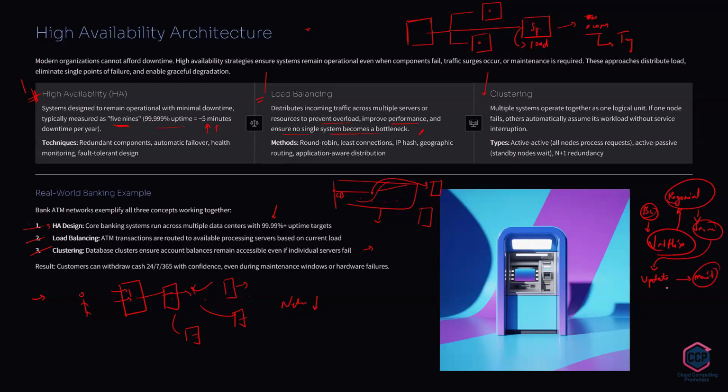In order to push the update, even though they have resilience and clustering, when that update goes into production, it may have some bugs, right?